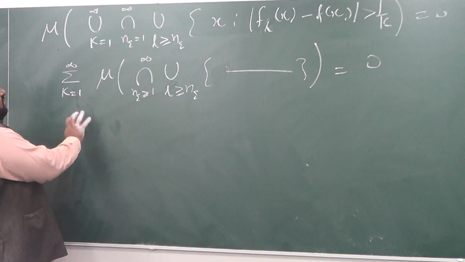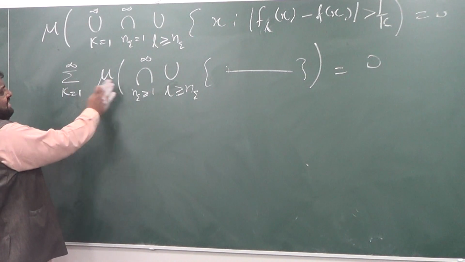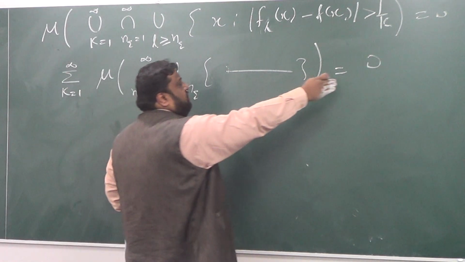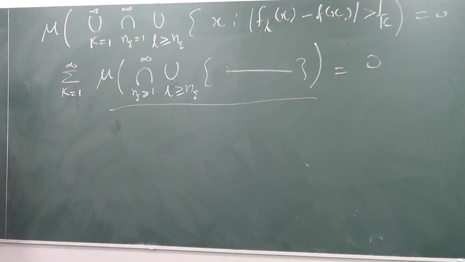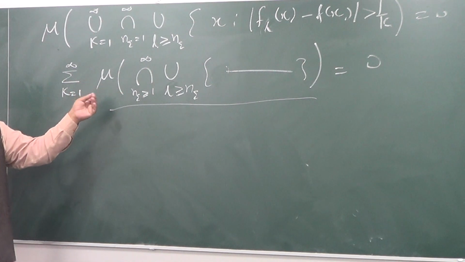Now this sum is a number which is equal to 0. What can you say about these terms? The sum is 0, so they all must be 0. There is no other choice, because I know that the measure is positive, not negative.